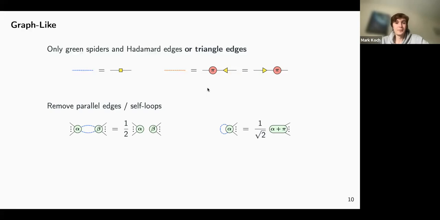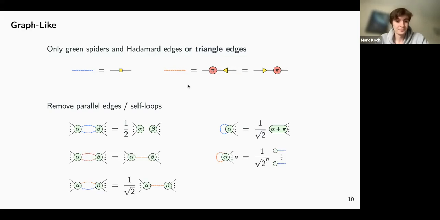One common thing people do as well is you can remove parallel Hadamard edges and also Hadamard self loops, which makes the whole definition well formed. And as it turns out, very similar rules hold also for triangle edges and also for the interaction between triangle and Hadamard edges. So for example, here you can see if we have two triangle edges, then one falls off.